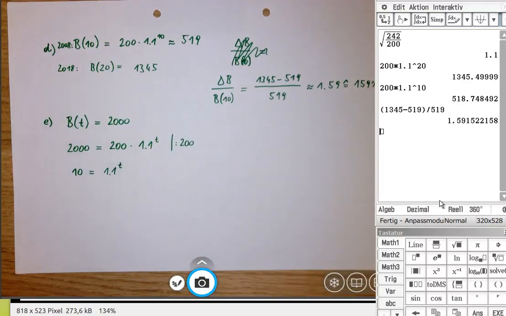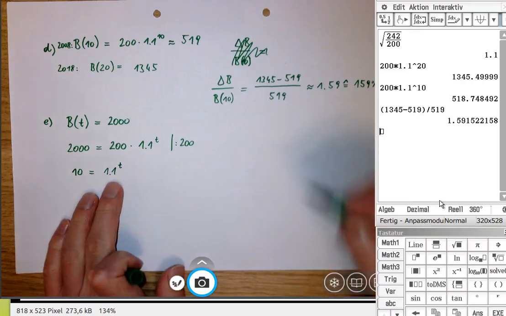And now we have to use something that can help us bring the t down, and the solution for this will be the logarithm. If you remember the logarithm, there was a rule for the logarithm.